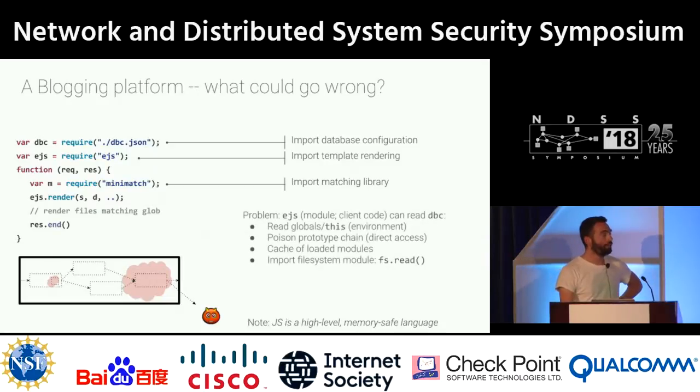Now, it is known that certain versions of EJS today are susceptible to remote code execution, which means that third-party, attacker code running through EJS can actually access the database configuration file through a number of different ways, through features that are by default enabled in the programming language, okay?